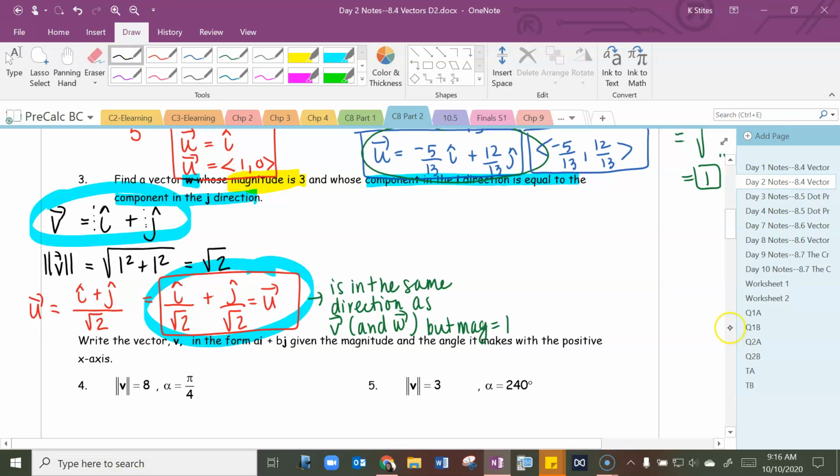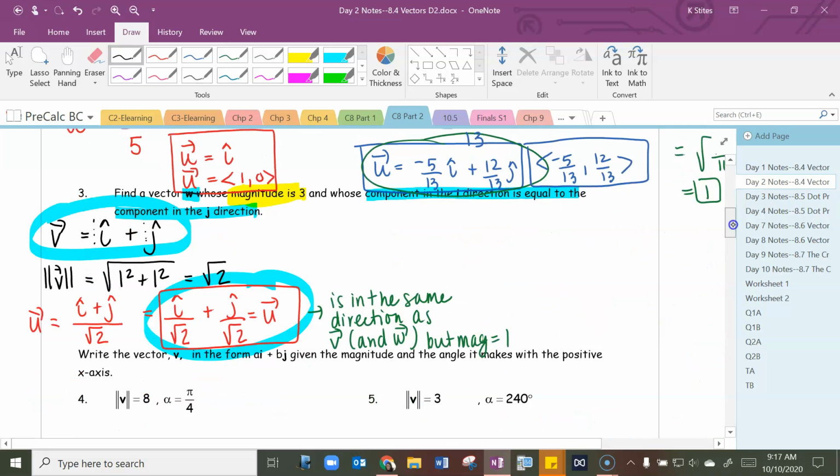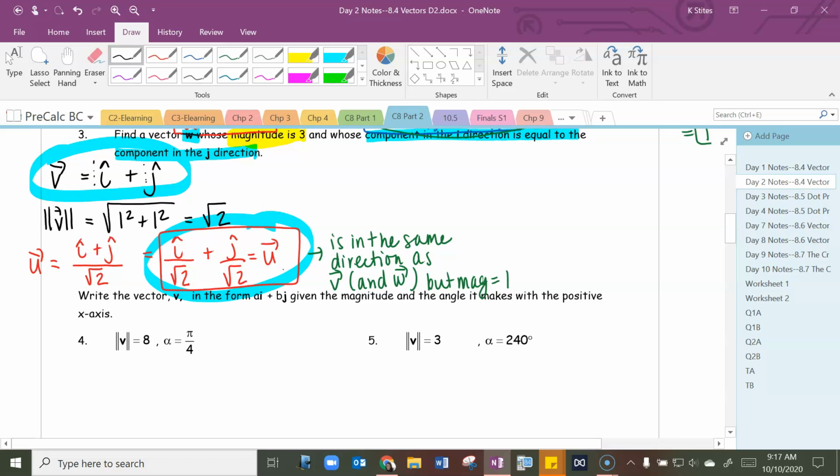So now we can use this formula over here. We're looking for vector W, and in order to do that, we can just multiply our unit vector by the magnitude we want, which is 3. This is already going in the same direction that I want, it just has the wrong magnitude. So in order to find vector W, I just need to take 3, which is the magnitude I want, and multiply it by this unit vector I've created.